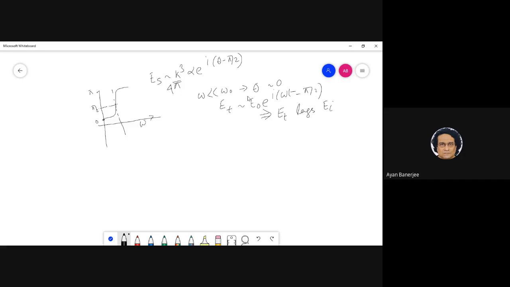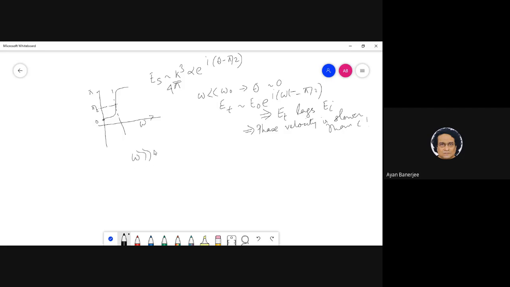This is out of phase, and that implies that my phase velocity is slower than c.